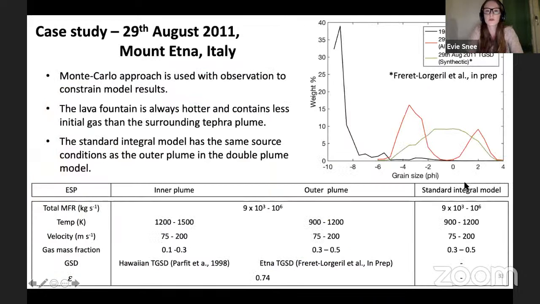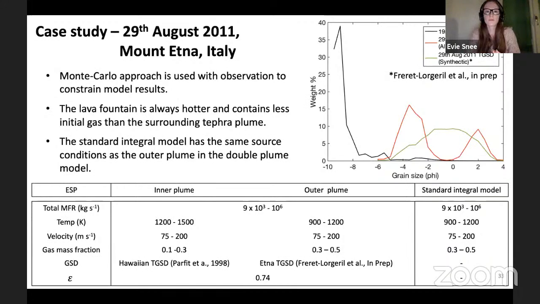To look at this eruption with a double plume model, we're once again going to use a Monte Carlo approach. This time, we're going to use the observations of the final plume height, as well as the height of the lava fountain. We're trying to match the final height of the surrounding tephra plume to the top of the single plume model, and the height of the double plume region to that of the lava fountain.